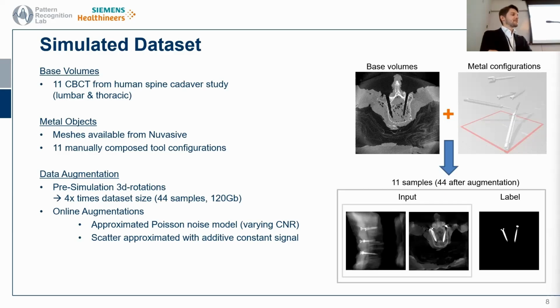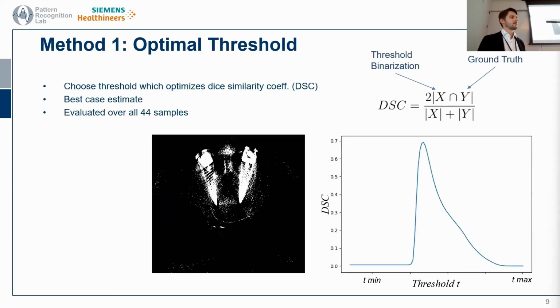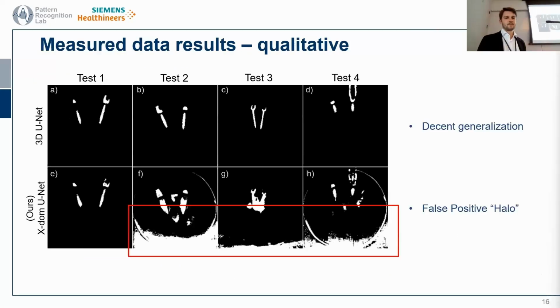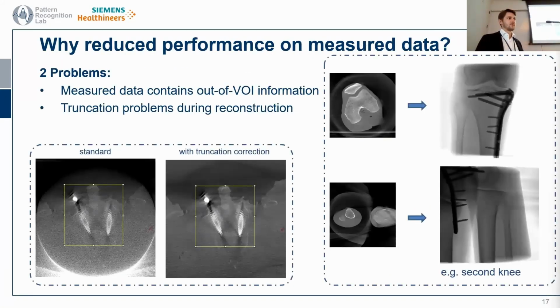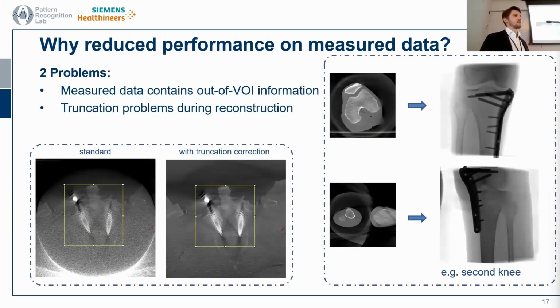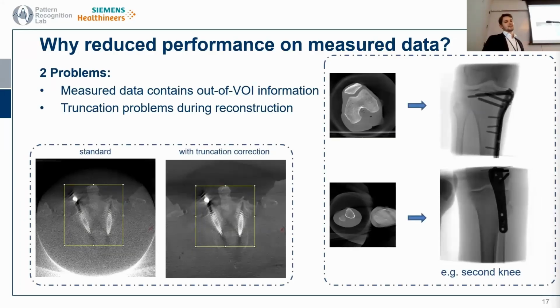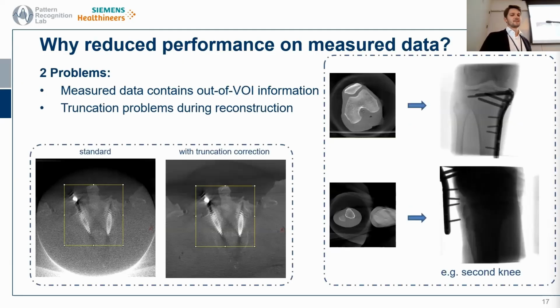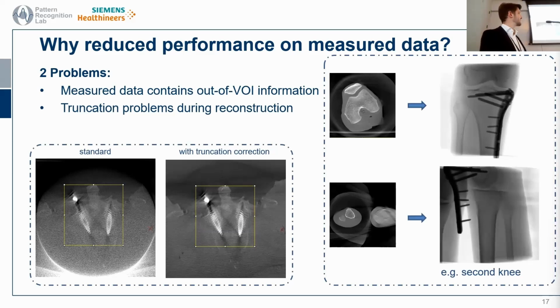Toward the end, you speculate there are two major reasons leading to the artifacts in the cross-domain approach. Did you do a simulation study to test that out? You mean the two problems you speculate? Just curious. So just by the look of these results here and these huge false positives in the bottom area, I'm very certain that it's originating from this truncation artifact.